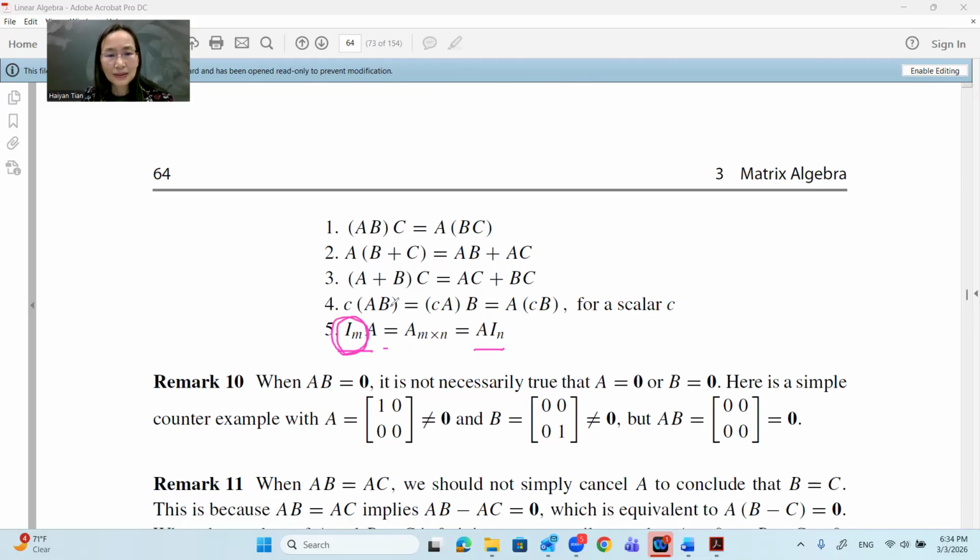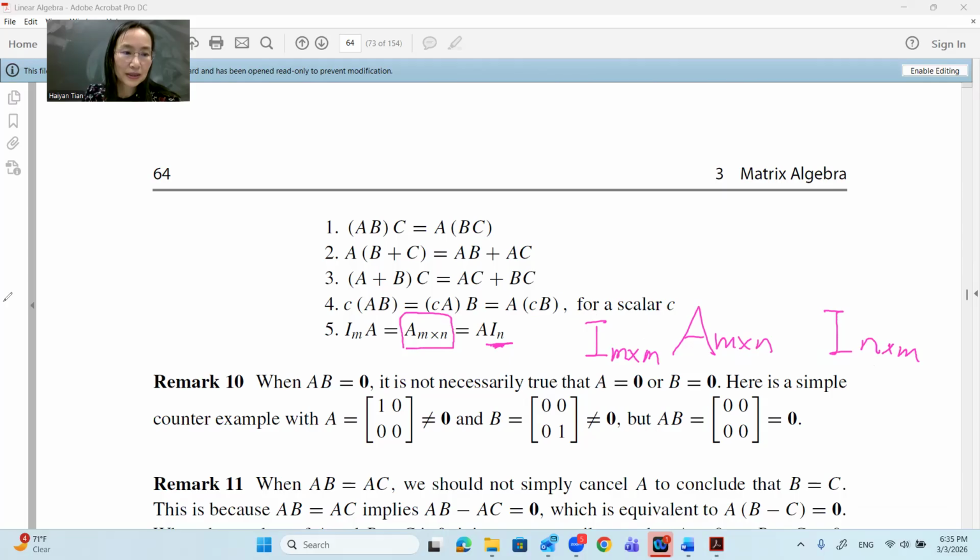Identity is kind of like a 1 in numbers, so multiplying by it doesn't change A. But be aware: if A is an M by N matrix and you multiply by the identity from the right-hand side, then the identity must be N by N. If you multiply A from the left-hand side, then the identity must be M by M. The dimensions have to make sure the multiplication is possible, so these two numbers must match.